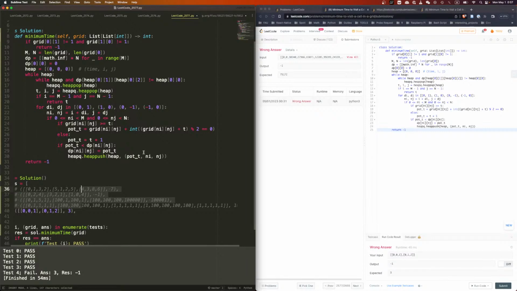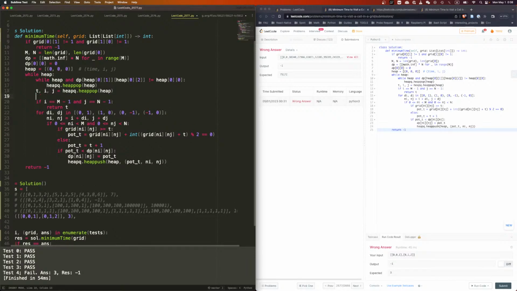Then I say it's going to be this whatever grid plus this, and this is smaller than dp. That's true. dp with this. How would this be -1? I don't understand. Seriously, I do not understand.